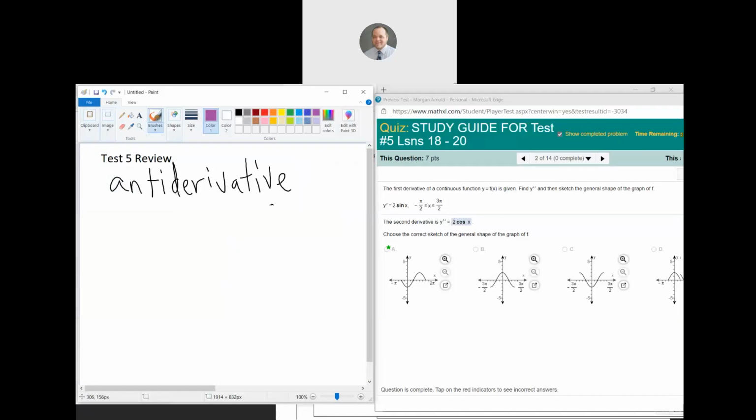The derivative of 2 sine x is 2 cosine x. So that's the second derivative, or y double prime.